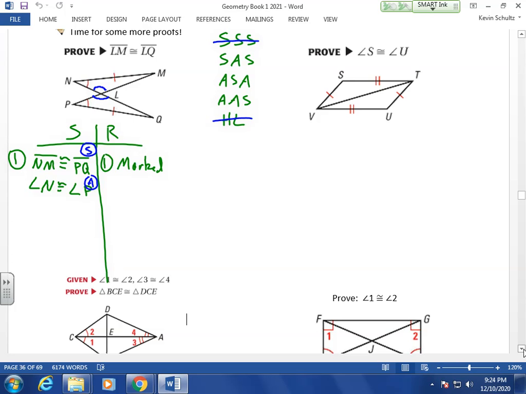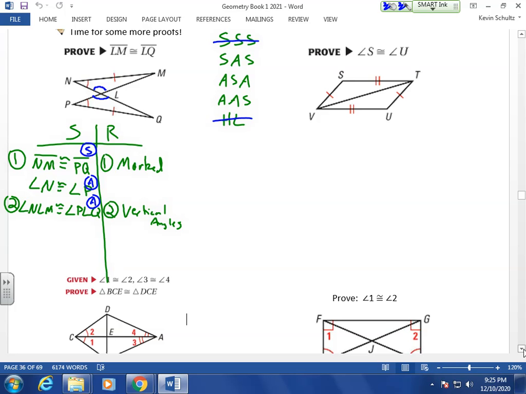So my second step is going to be that angle NLM is congruent to angle PLQ. And I can say that because of vertical angles. And what I just found for myself is another angle.